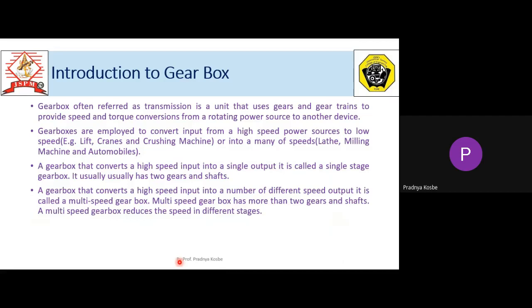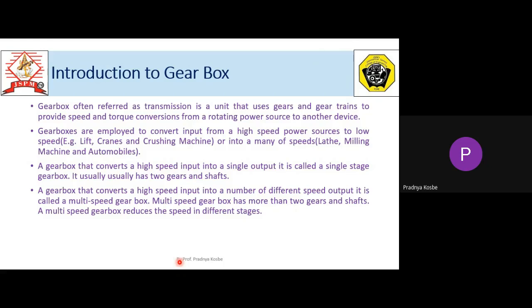Examples are lifts, cranes, crushing machines, drilling machines, lathe machines, milling machines, or in the case of automobiles also, we use these gearboxes.